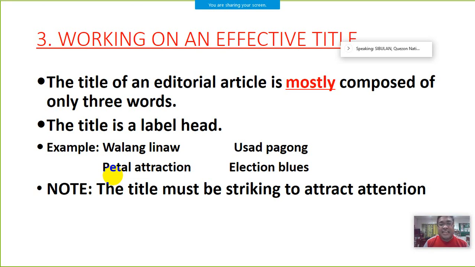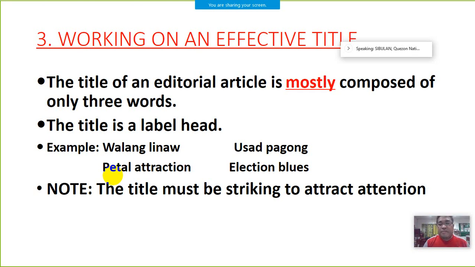So that's why the title Petal Attraction is something witty and it fits the article. So when there's election, there are always problems. So when our article is about election problems, for instance, we can have a title like Election Blues. So the title must be striking to attract attention.